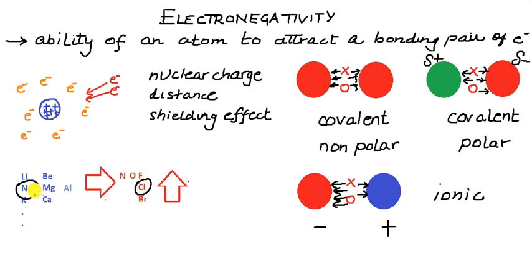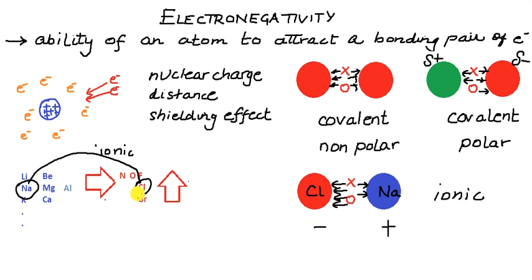So for example, if I take sodium and chlorine and I pair them together, I end up getting an ionic bond, because the situation resembles this case here, where chlorine would have a very, very high electronegativity compared to sodium. So it will snatch the pair towards itself and become negatively charged, and sodium will be a positively charged ion, and then we'll have an ionic bond forming.